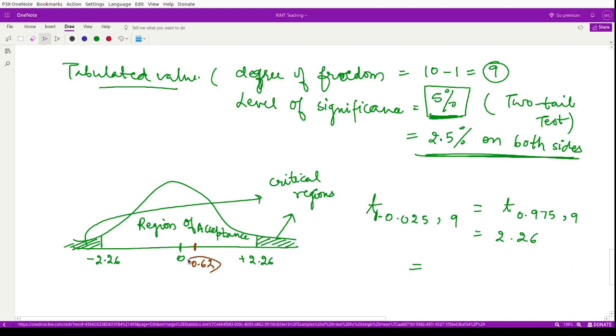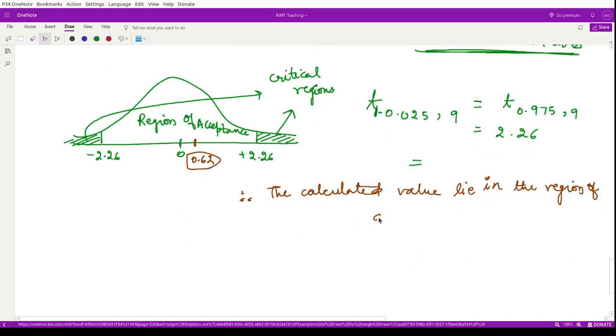That is the calculated value. Therefore the calculated value lies in the region of acceptance. Therefore we will accept the null hypothesis.